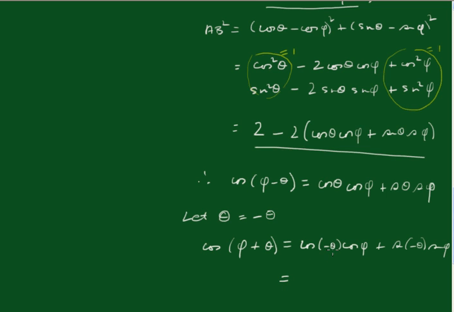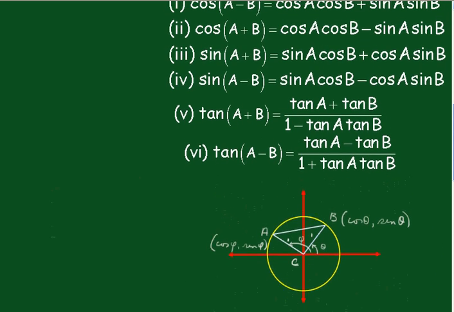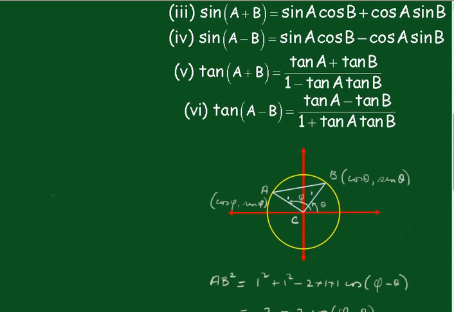Now the cos of minus theta is just cos theta, because we're in the fourth quadrant, so it becomes cos theta cos phi, and the sine of minus theta is minus sine theta, so that's minus sine theta sine phi. And that gets the next one out of the way. That's this one. Okay, moving on.